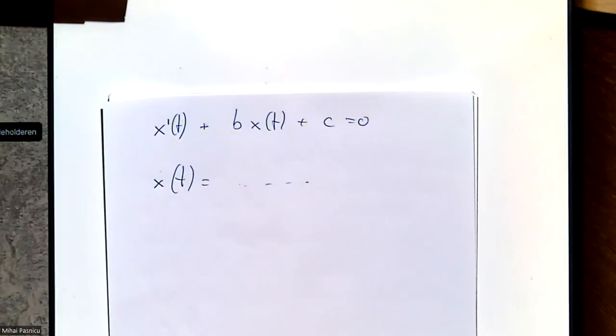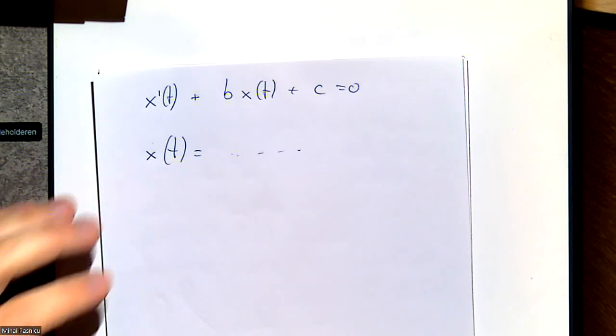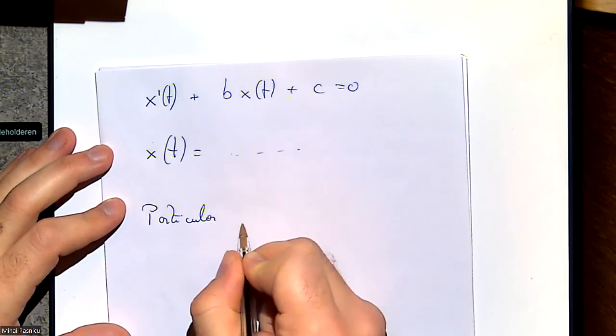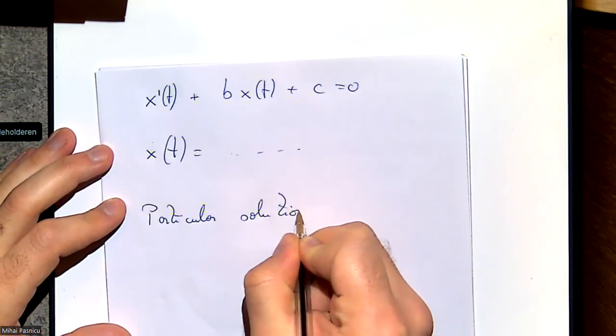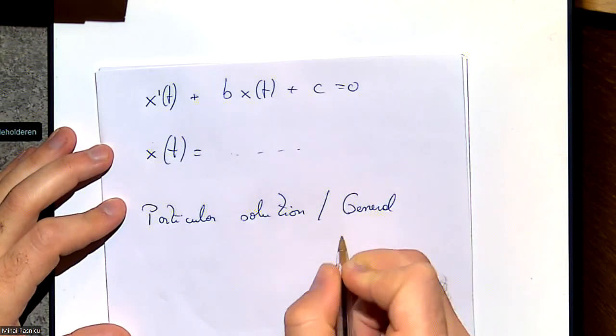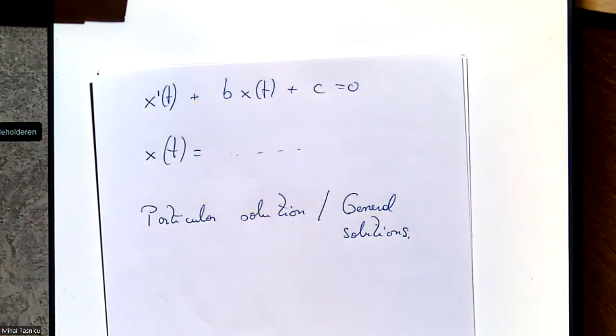Now, there are things called particular solutions versus general solutions, and we're going to see more of how it looks. But particular solution versus general solution, as you can probably tell by the name, particular solution only works in some cases. General solution works every time. Pretty standard.